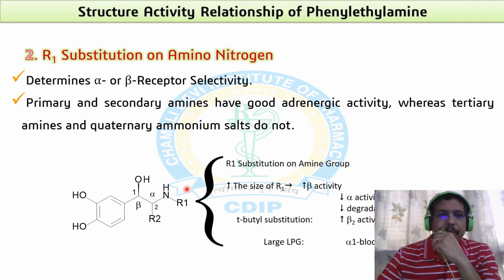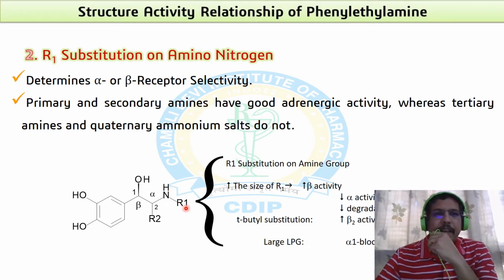If we substitute any one of the hydrogens, the compound shows good adrenergic activity.